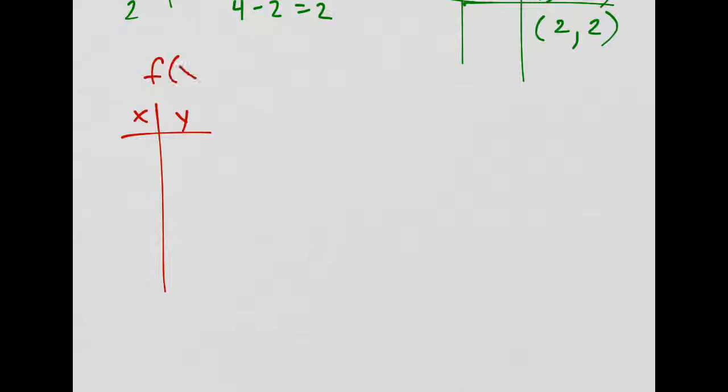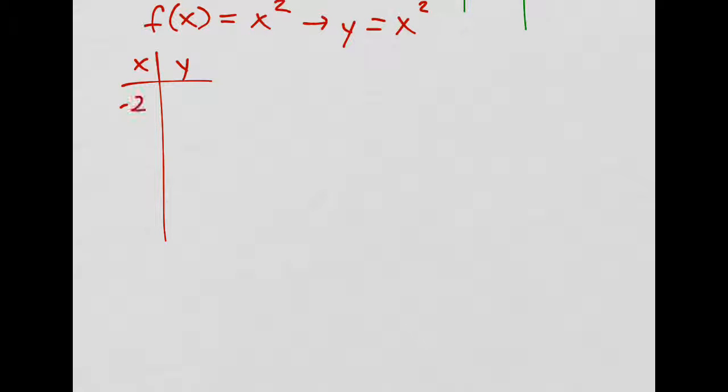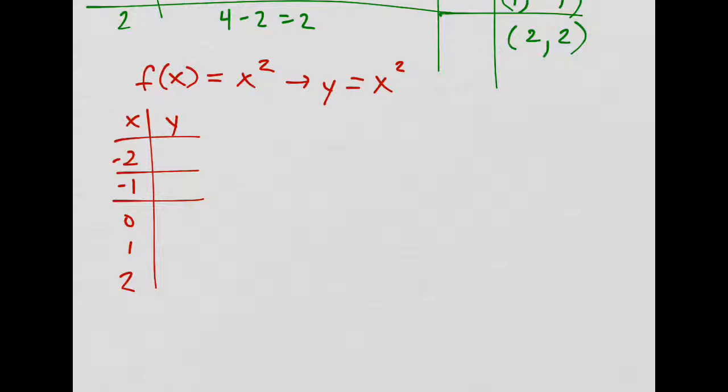I'll just do x's and y's. You remember, my f of x was just x squared, and that's the same thing as y equals x squared. So my x's are negative 2, negative 1, 0, 1, and 2, and I will plug them in and see what I get. Negative 2 squared, that's 4.